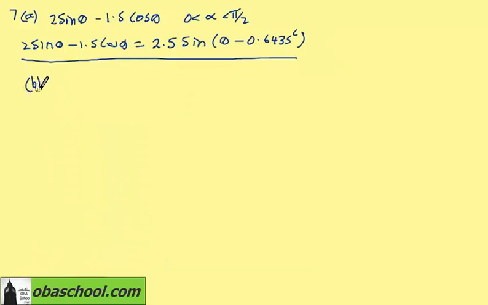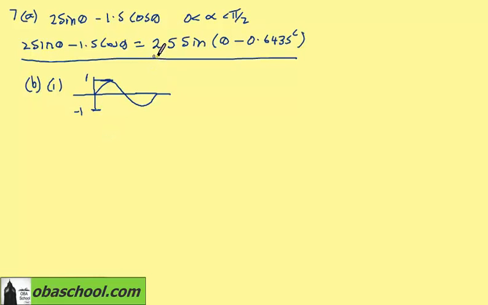Now in part B, part 1, we're asked to find the maximum value of 2 sine theta minus 1.5 cos theta. We know that the sine function looks like this. Its maximum value is at 1 and the minimum at minus 1.